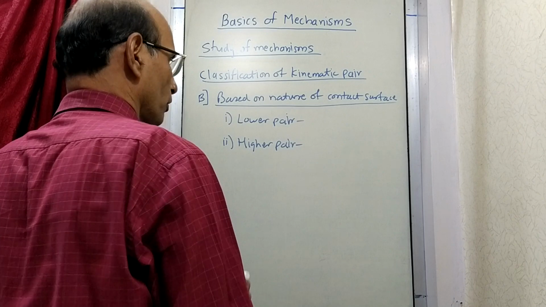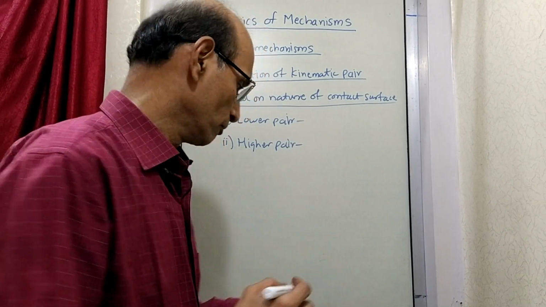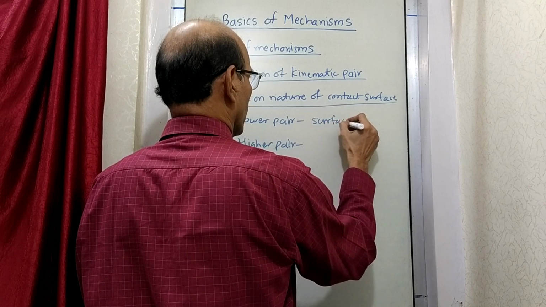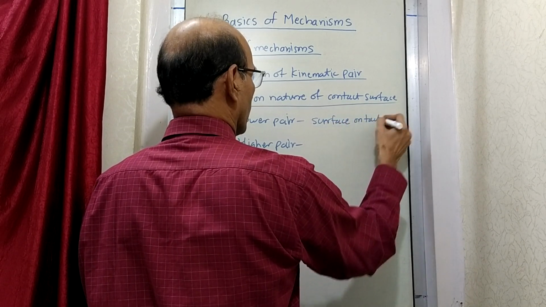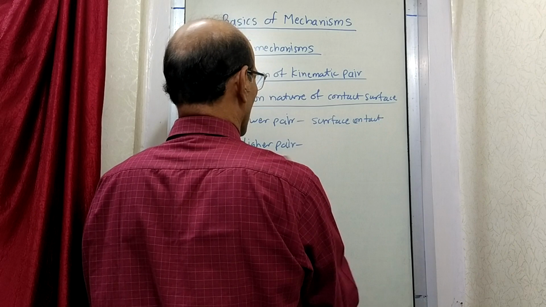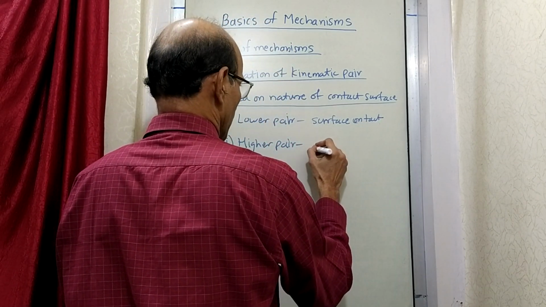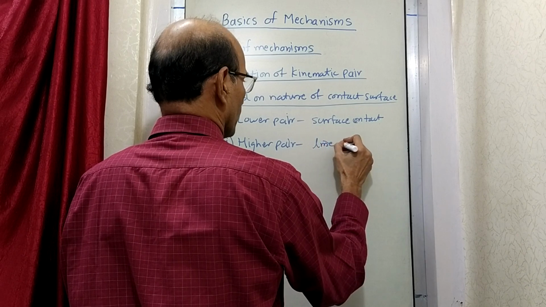Now what is lower pair and what is higher pair? Lower pair is when there is a surface contact. And higher pair is when there is a line or point contact.